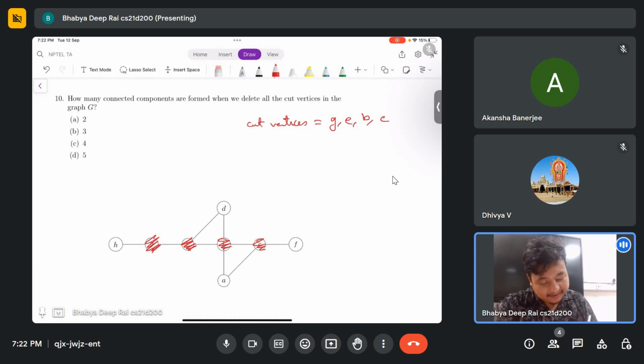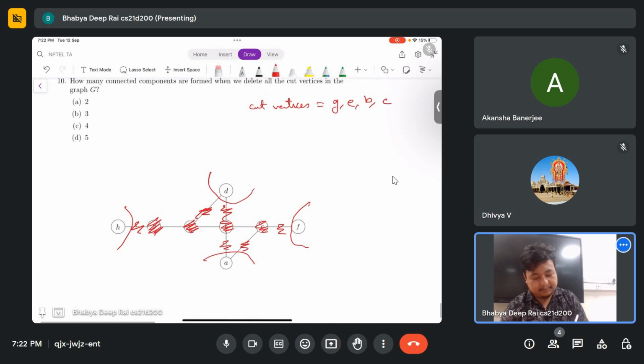Since we delete them, the edges will also not be there, and this vertex is its own connected component. This vertex is another connected component, so is this, and so is this.